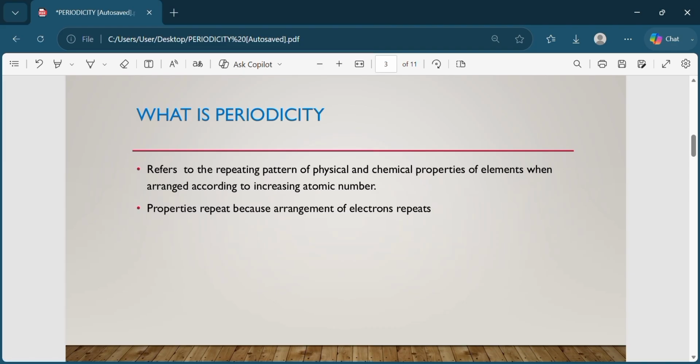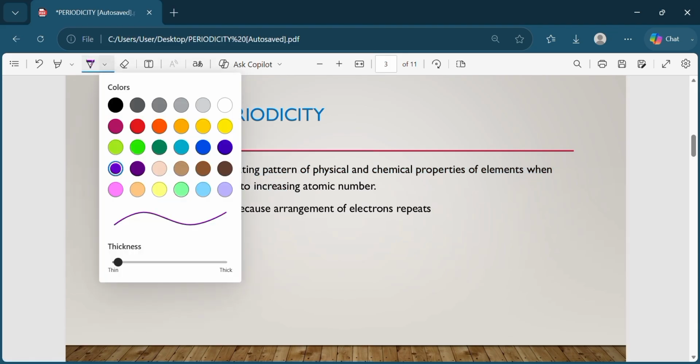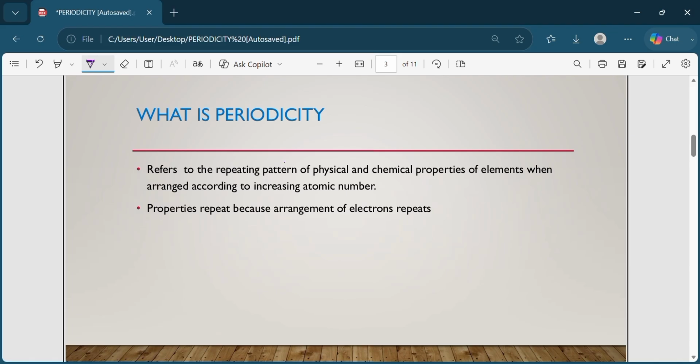When you look at what periodicity is, periodicity just refers to a repeating pattern. Underline the concept we are talking about: a repeating pattern of physical and chemical properties of elements when arranged according to increasing atomic number. Even the periodic table itself arranges the elements by increasing atomic number.